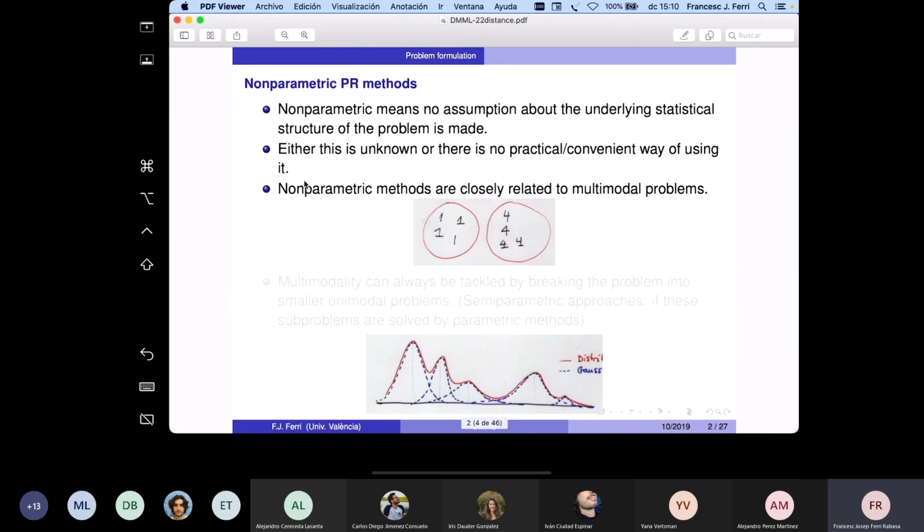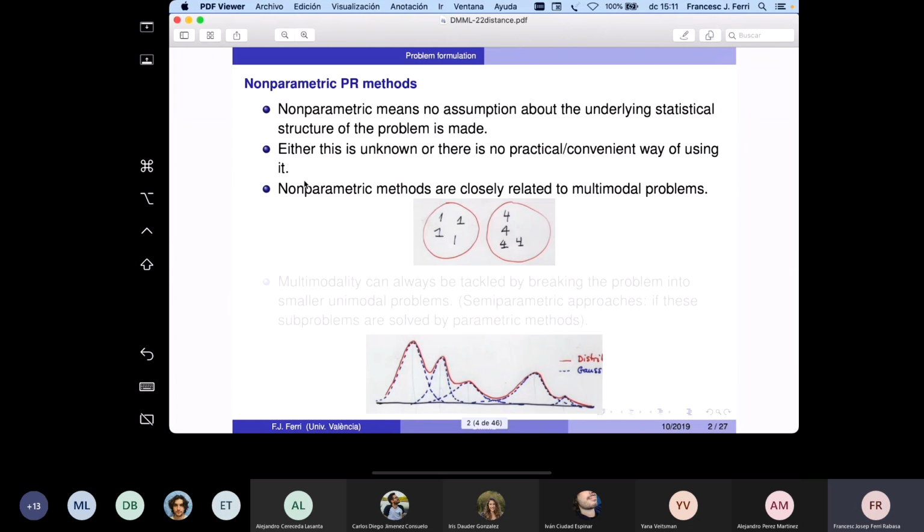Non-parametric methods are very close to what we call multimodal problems, because multimodal means that we have more than one clear representative for each class. Why can multimodal problems not be efficiently tackled by parametric approaches?